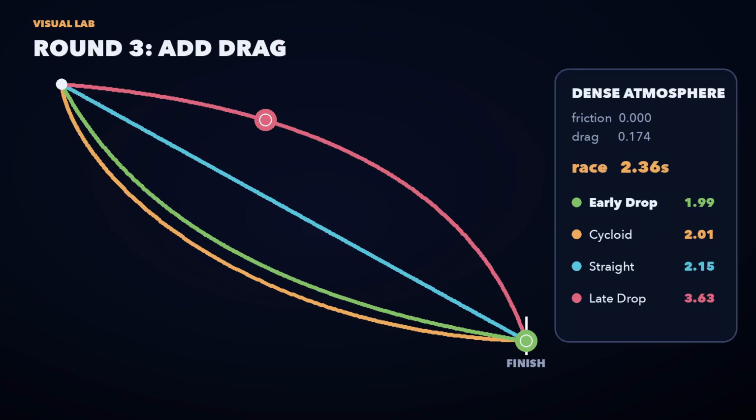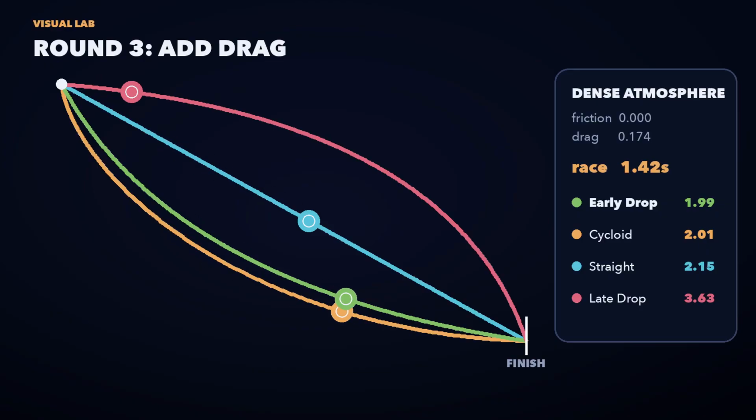The new order is early drop at 1.99 seconds, cycloid at 2.01 seconds, straight at 2.153 seconds, and late drop at 3.628 seconds. The winner is now early drop. This is the first reversal. The steep early paths build speed quickly, but that speed creates a stronger drag penalty.